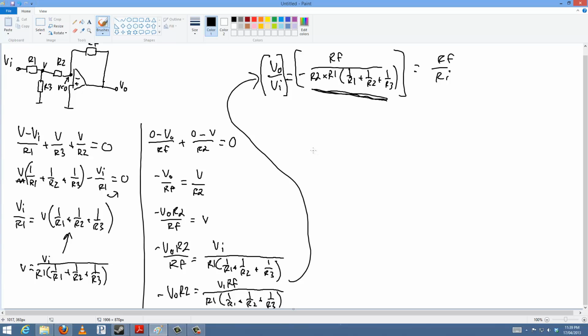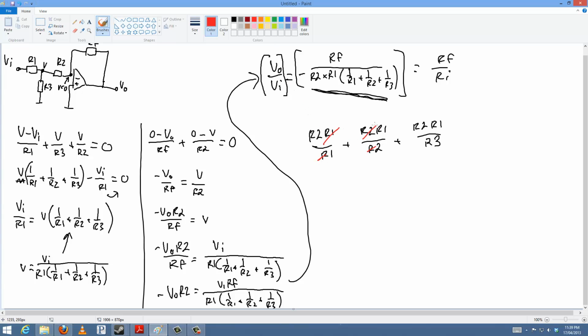Simplifying that. Oh, this is going to be fun. R2 plus, no, this is not too bad actually. R1, because, yeah, I'll do it in multiple steps so you can see. R2 R1 on R1 plus R2 R1 on R2 plus R2 R1 on R3.